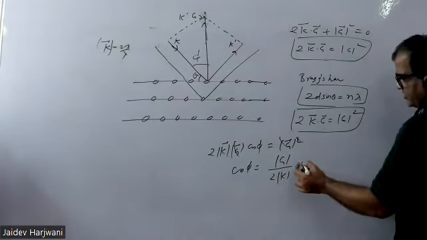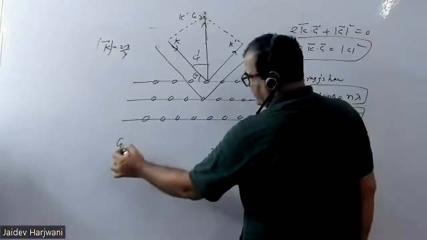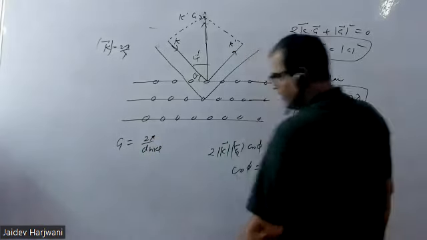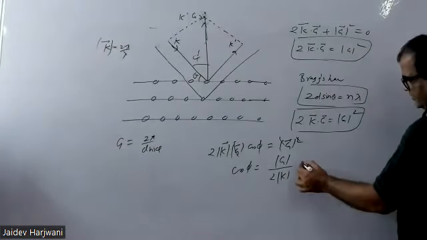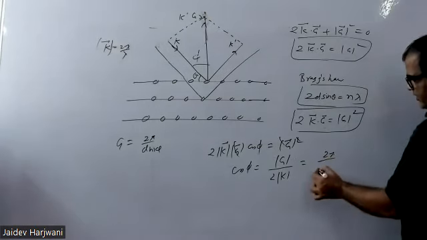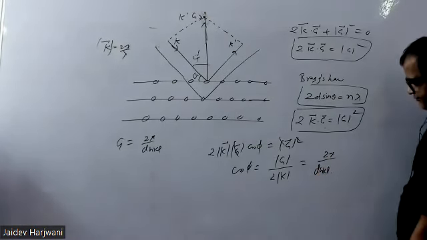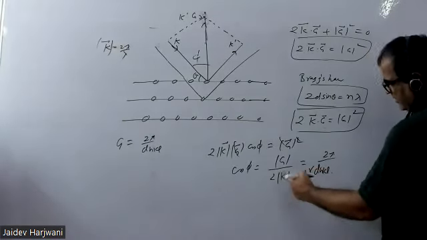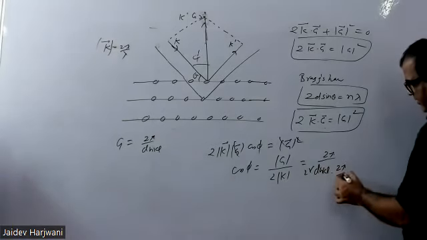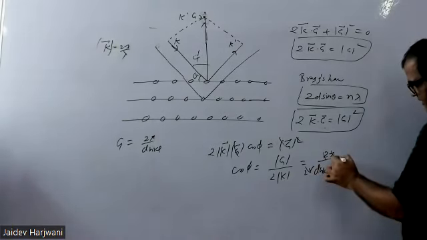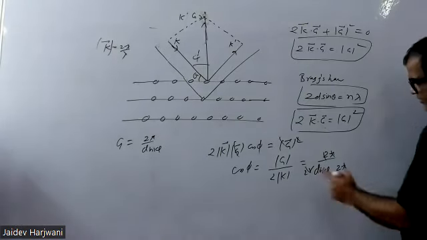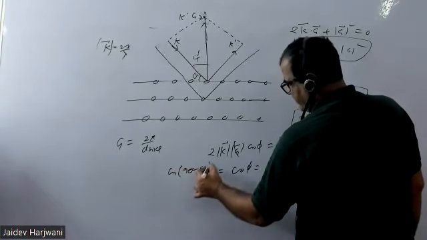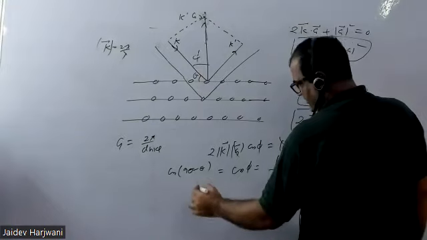Now you know what g is. g is 2 pi upon dHKL, and k is also 2 pi by lambda. So the 2 cancels, pi cancels. And cos phi you can write as cos of 90 minus theta, which gives sine theta.